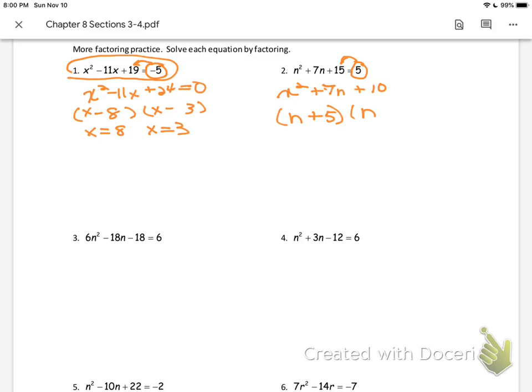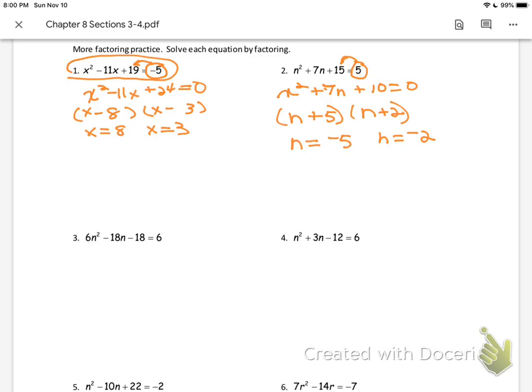So remember, you can have any variable, but just be consistent. That equals 0 over here. Okay, so this is n plus 2. So do it in your head to make sure you're getting the right answer. And then our two roots are negative 5 and negative 2, setting those equal to 0.